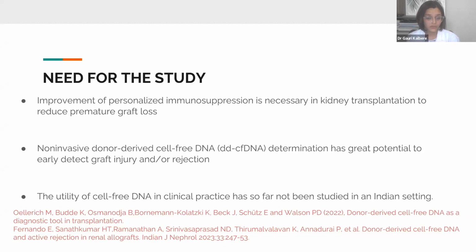So the utility of this has not so far been studied in an Indian setting. All the previous studies which were discussed before had patients from UNOS, and both the Admiral study and the DART study had one thing in common, that they had more deceased donor transplants and more Black population, and all were from the USA UNOS registry for renal transplants. So we needed some data from our setting, hence the study.